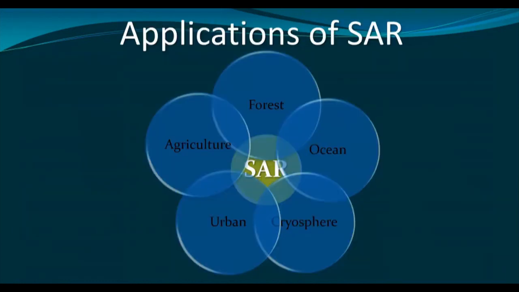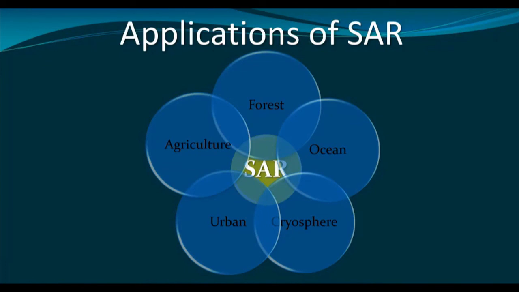Next, the application areas of synthetic aperture radar. Where we can use synthetic aperture radar, as you can see in this figure, is in forest, ocean, cryosphere, urban and agriculture. So, in these areas we have the SAR application.